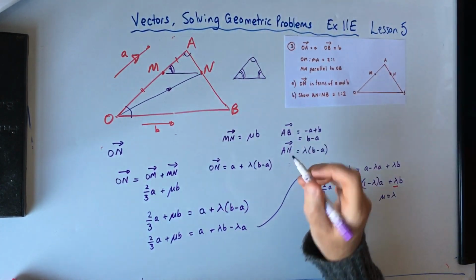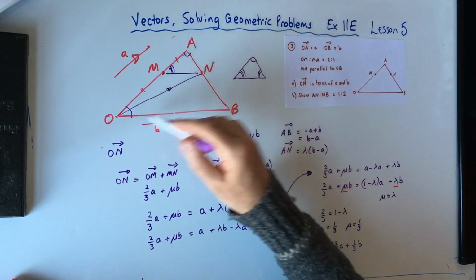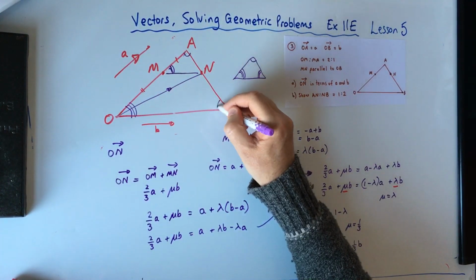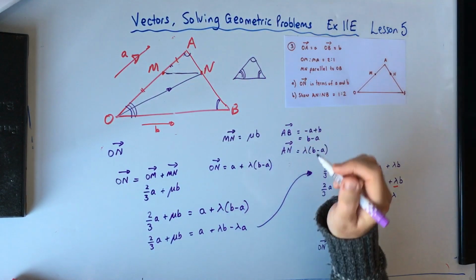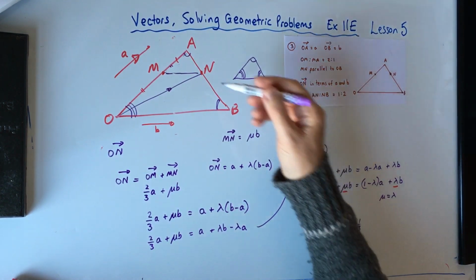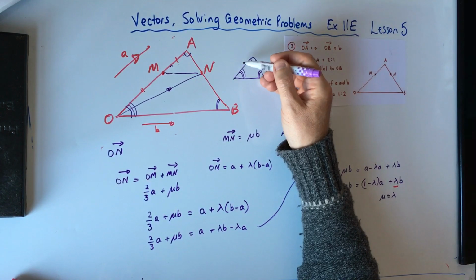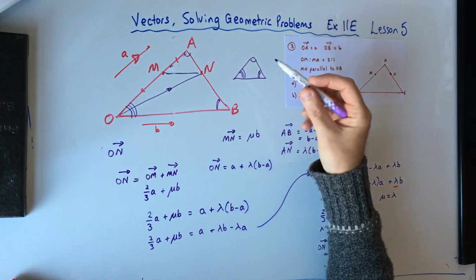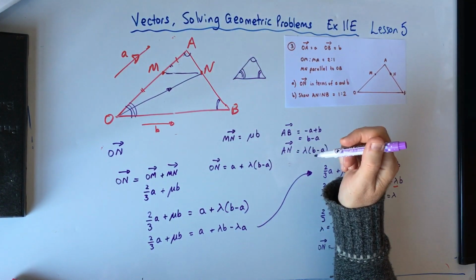So you can see here that this triangle and the big triangle are the same. Okay. So the big triangle and the little triangle are the same. Because the angles are the same, and we know that because that side is parallel to that side, which creates these two angles, and then obviously the third angle is the same.